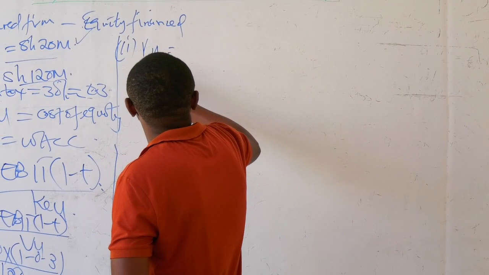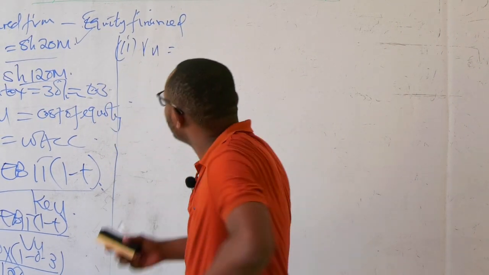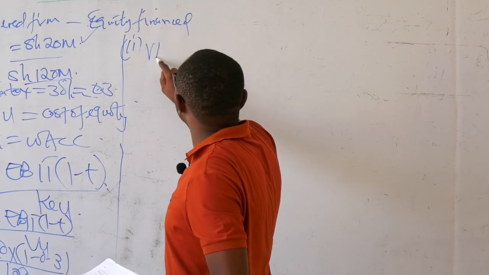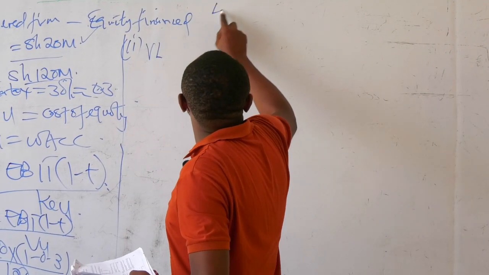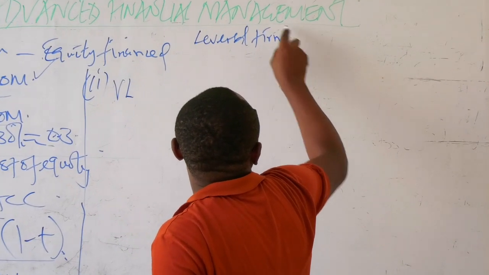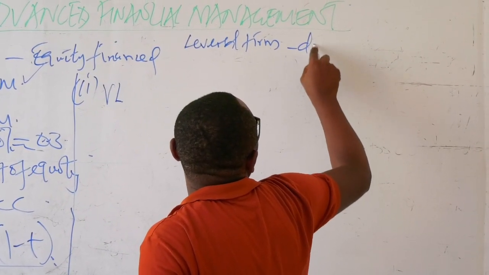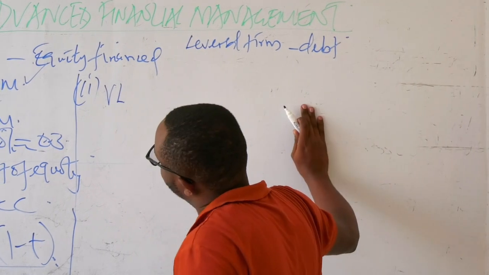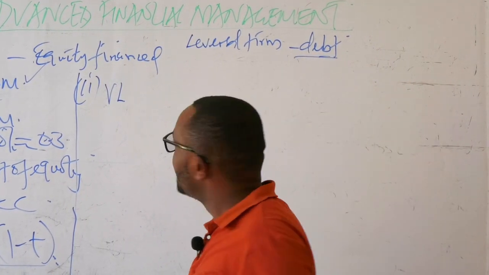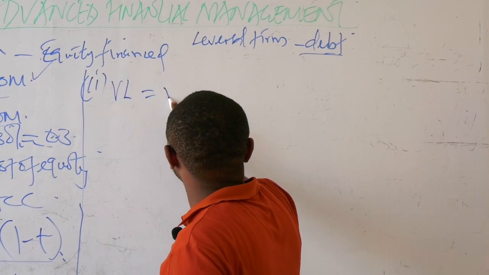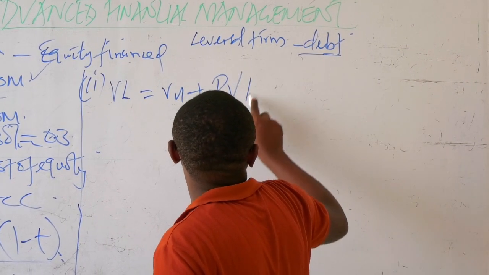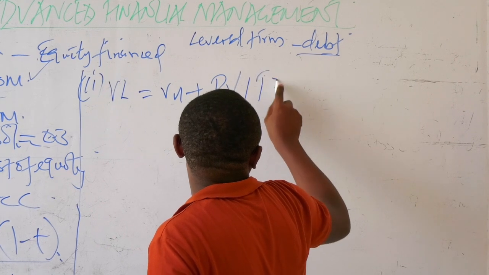So we come to, when we include the debt concept, the value of a levered firm. A levered firm is a firm with debt in it.